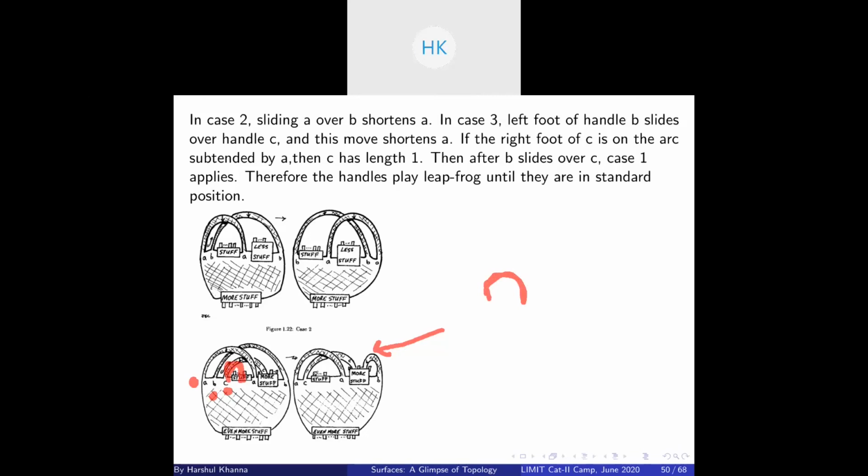Otherwise, now let me clear my screen. Suppose in this case minus C occurs after minus A. Then we can just slide B over minus C over the C loop, and when you take this B, slide it over here, you bring the B here.